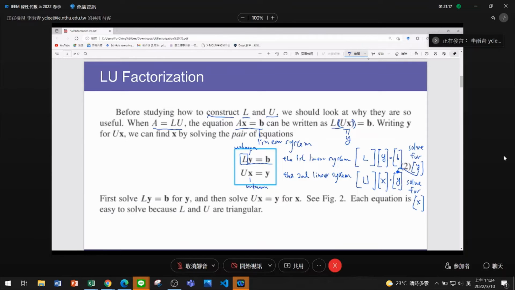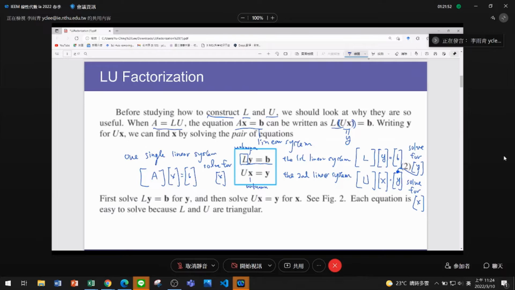And so is it a beneficial process? Why do we, instead of solving one single linear system, Ax equals b, and solving for x directly, go through this?